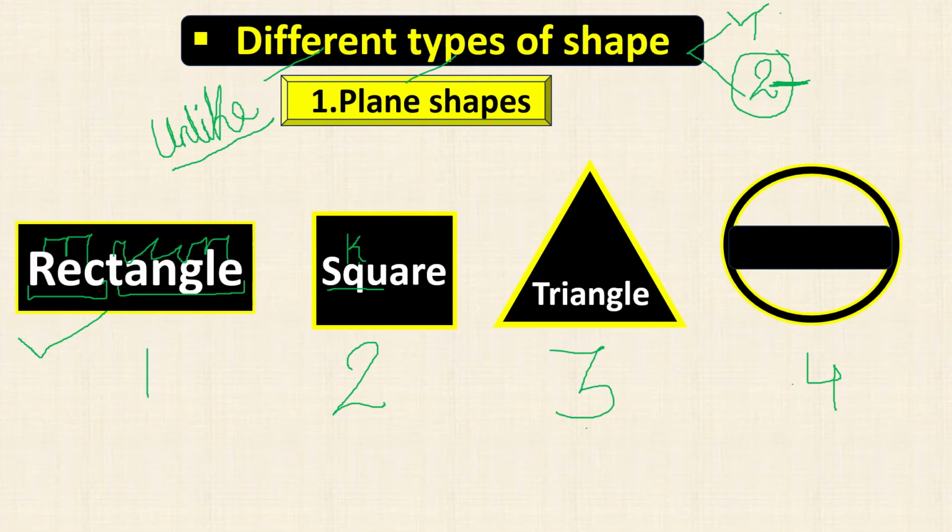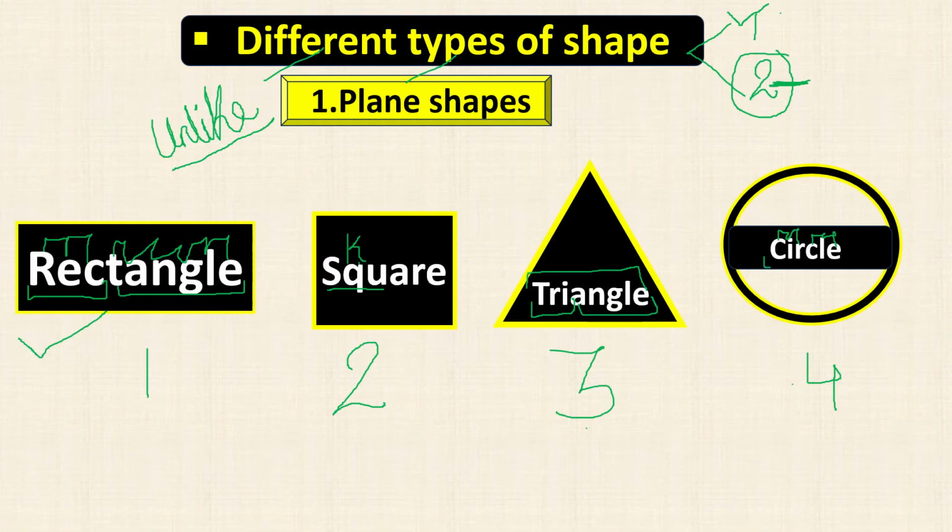Next one is a triangle. Repeat it with me. It's TRI as the first part and ANGLE is angle. So in a group we call it a triangle. And the last one is our circle. It's CIR and the next one is CLE.